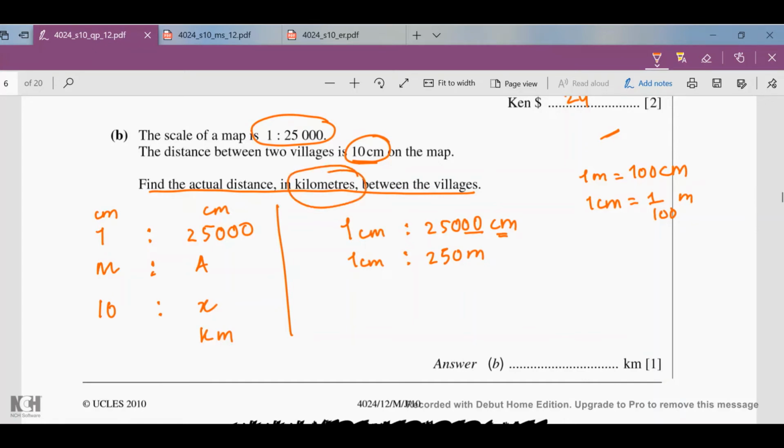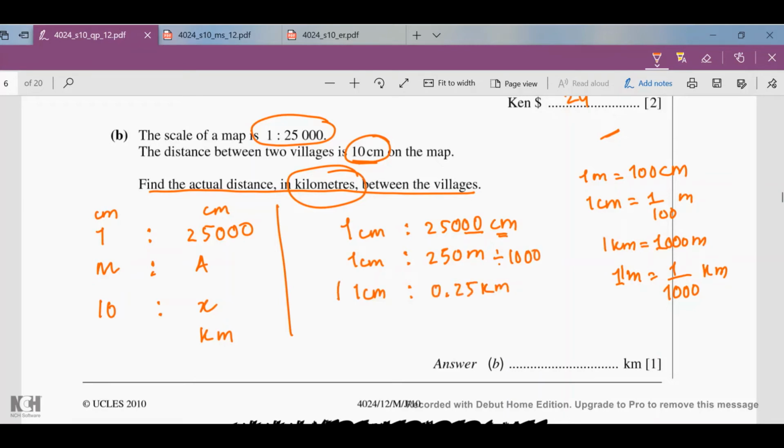But the question is required to give the answer in kilometer. So 1 kilometer is equals to 1000 meters. So 1 meter will be equals to 1 upon 1000 kilometer. This is 1 meter. So 1 centimeter, this will become divided by 1000. So this will become 0.25 kilometers.